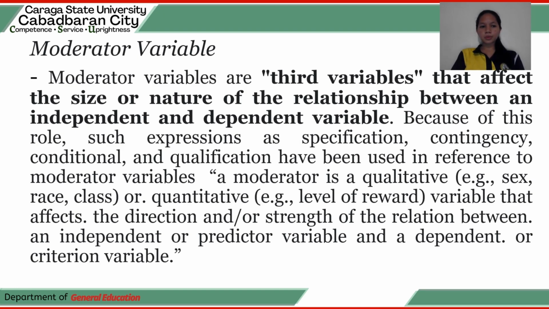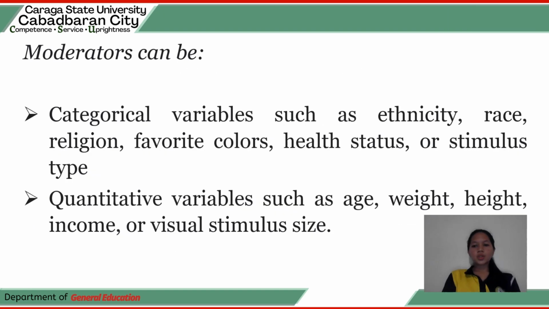A moderator variable can strengthen, diminish, negate, or otherwise alter the association between independent and dependent variables. Moderating variables can also change the direction of this relationship. So these are the examples of moderator variables.